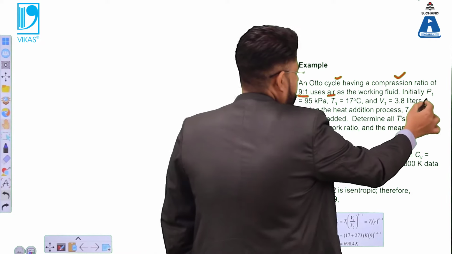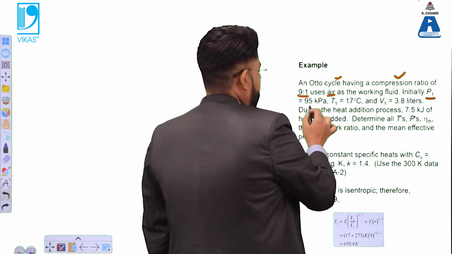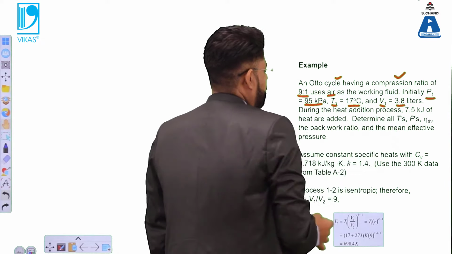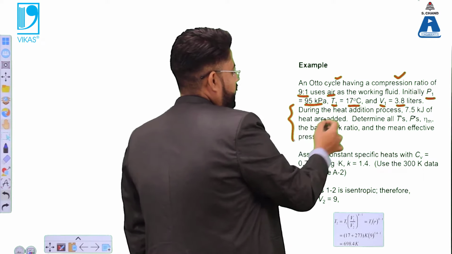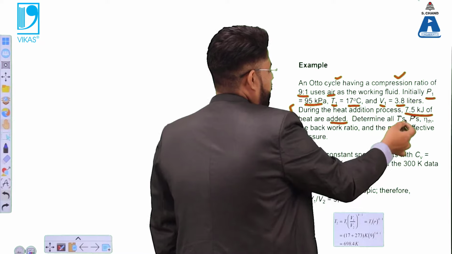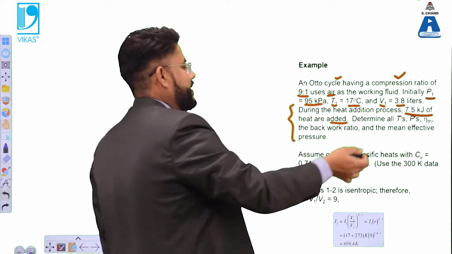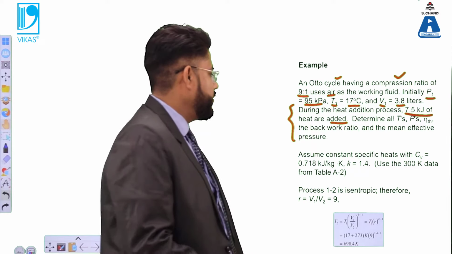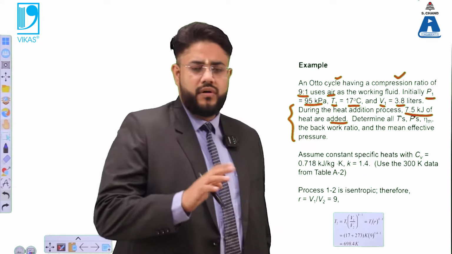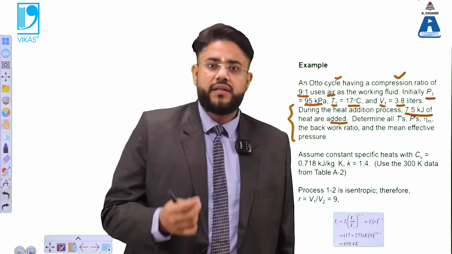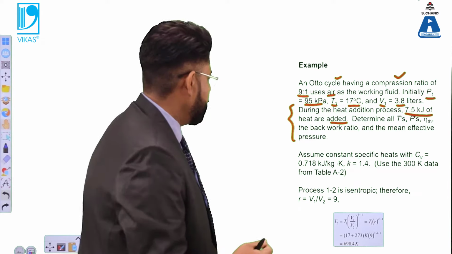Now we are given certain initial conditions, like initially we have the P1 value as 95, the temperature and the volume value. Now it is mentioned that during the heat addition process, this amount of heat is added, and we need to determine all the T's, P's, thermal efficiency, back work ratio, and the mean effective pressure. So all those terms which are required specifically for the Otto cycle, we need to recall.